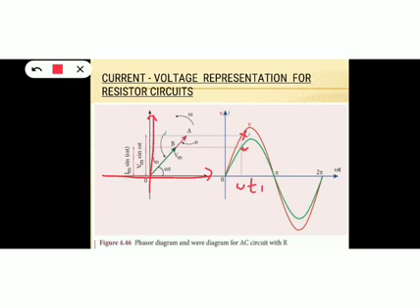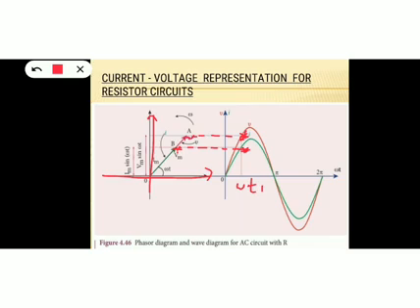So this is the point on the current graph, and we mark the corresponding point in the phasor plane. Now again, for omega t1, this is the corresponding voltage value, and this point corresponds to this point in the phasor plane.